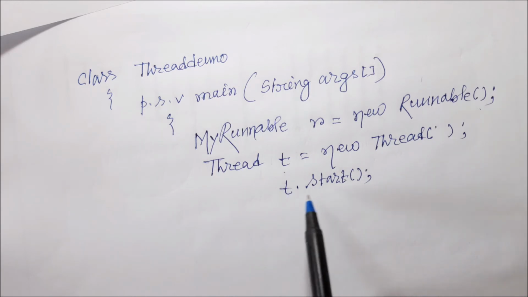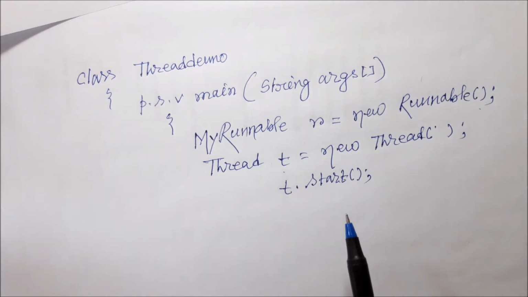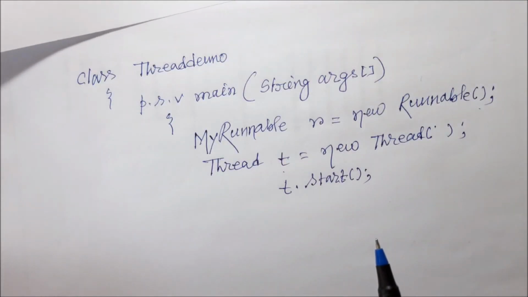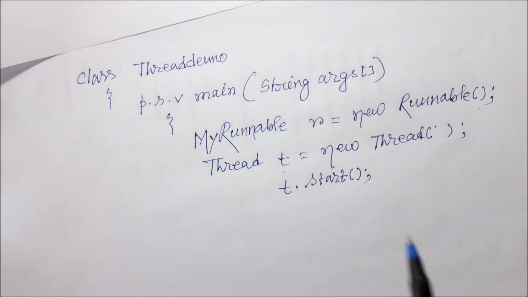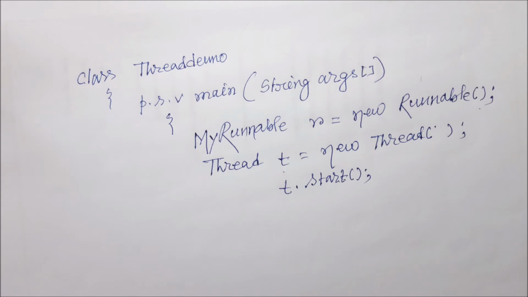But we have not passed our runnable to the thread. Actually, the Thread class already implements the Runnable interface. So if I execute t.start(), it will call the Thread class run method, which is an empty implementation, so no output will come.